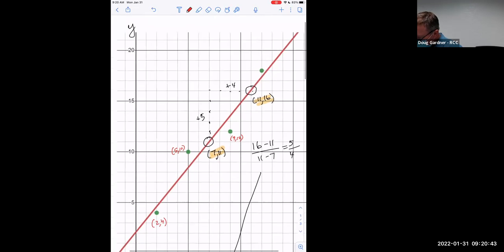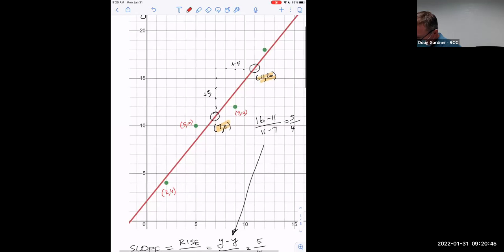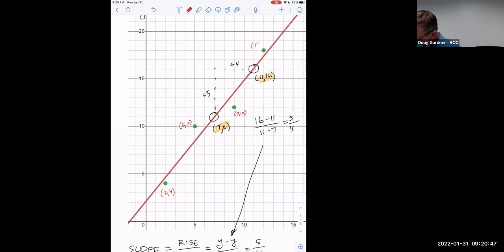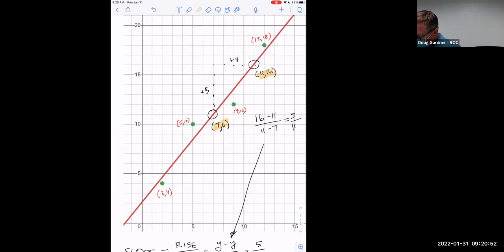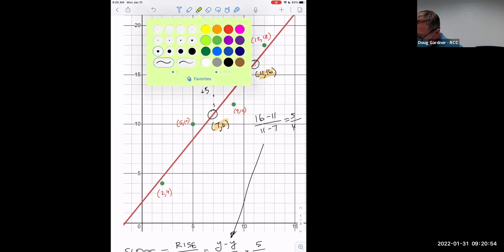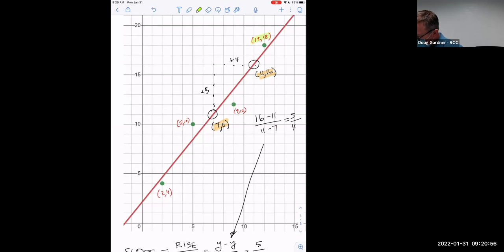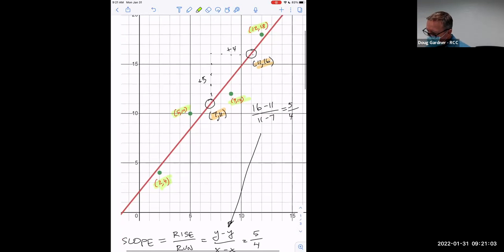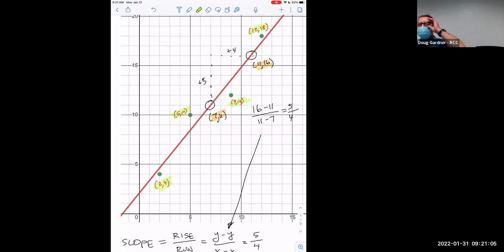And this last one is 12, 18. So you might do this with me, but I'm going to take those 4 green points right there.